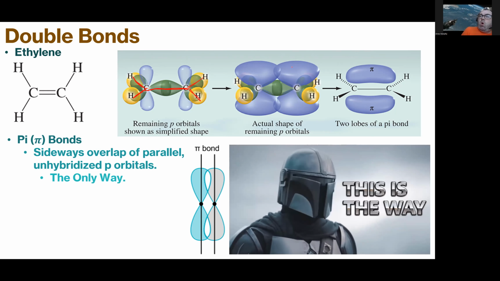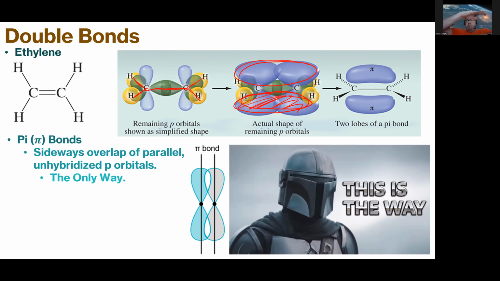The pi bond is really above and below the plane of the molecule. So here's our trigonal planar two carbons.